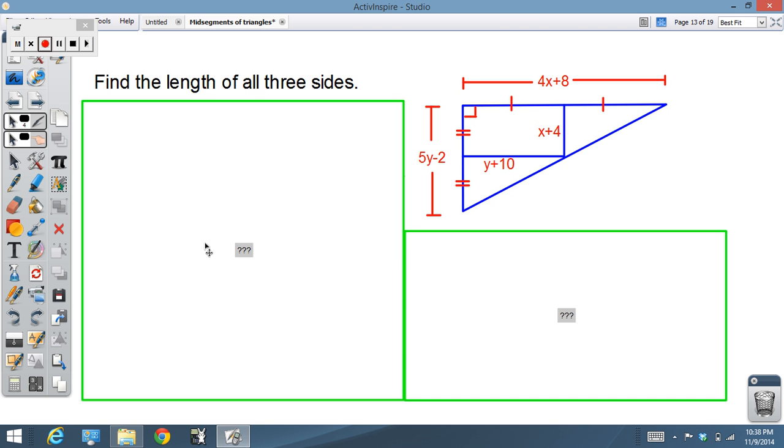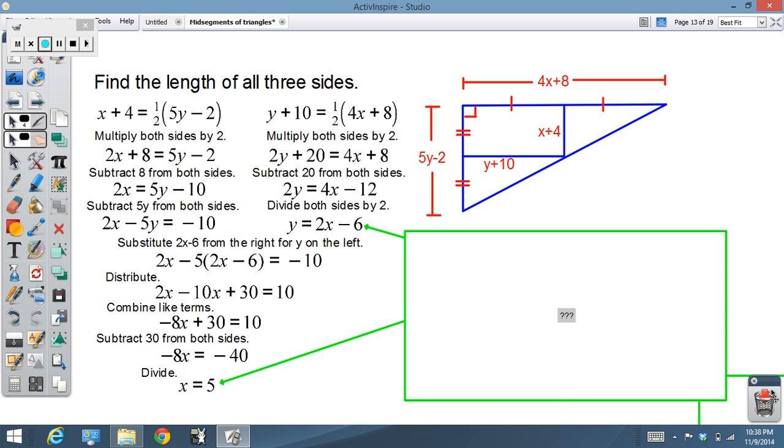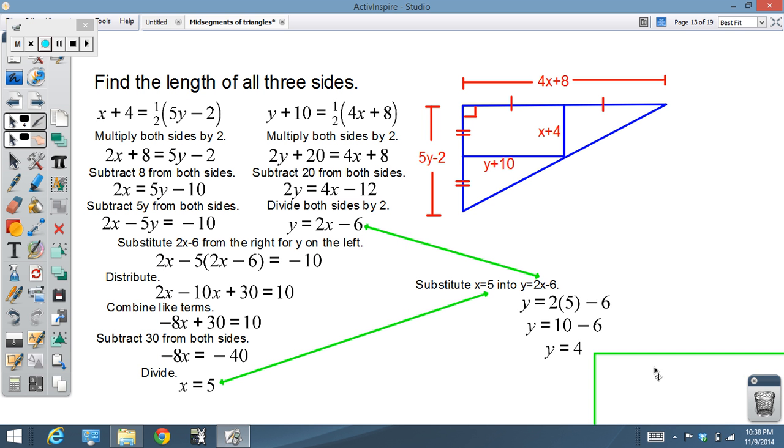Next. Oh, nice one. Find the length of all 3 sides. Pause. Answer's coming. Okay, we'll explain this one.